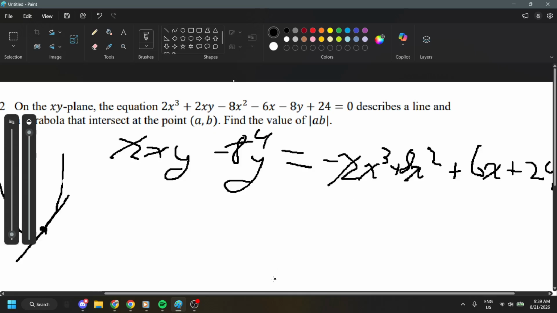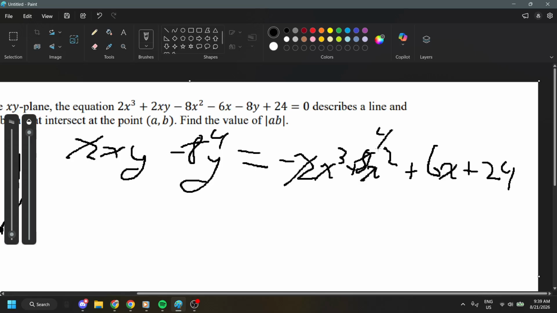This goes to 4, this goes to 1, this goes to 4, this goes to 3, this goes to 12. Then factor out y, and then we have that times x minus 4.